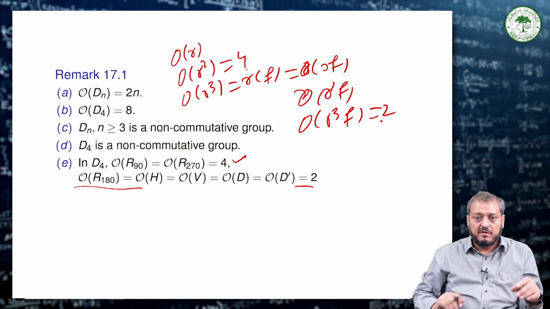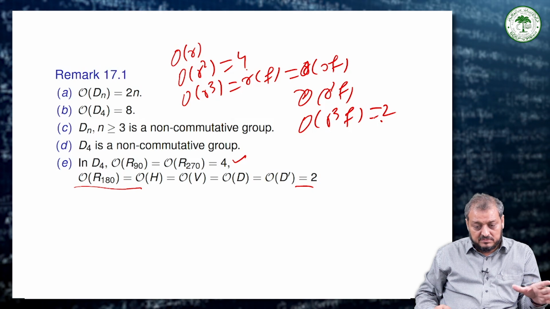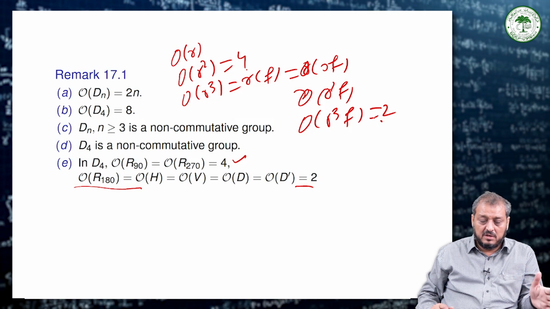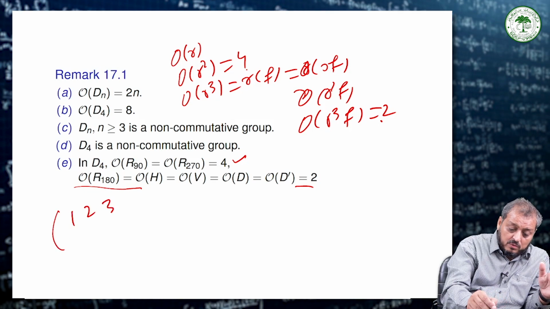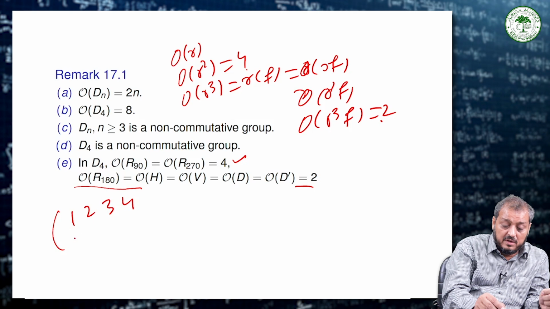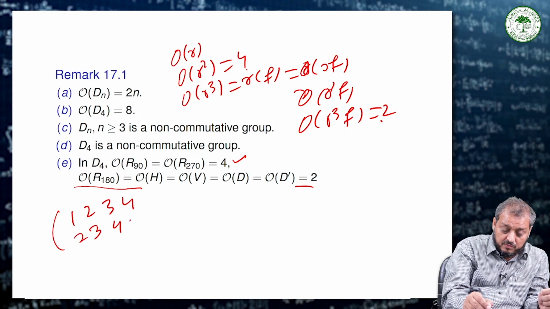We can easily verify this. For R we simply have 1, 2, 3, 4 going to 2, 3, 4, 1.